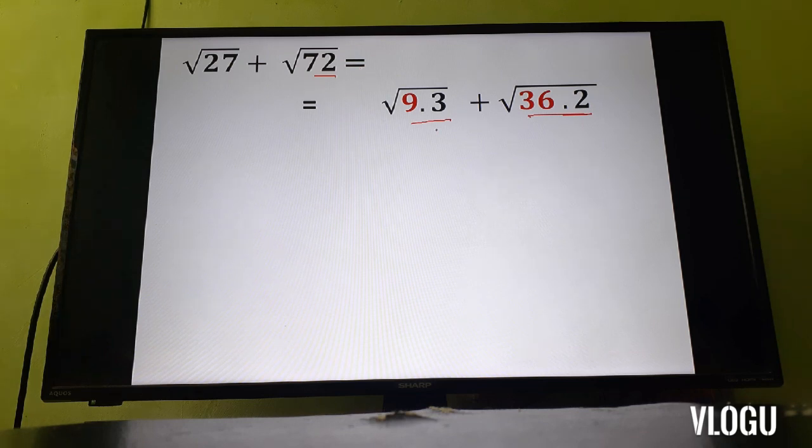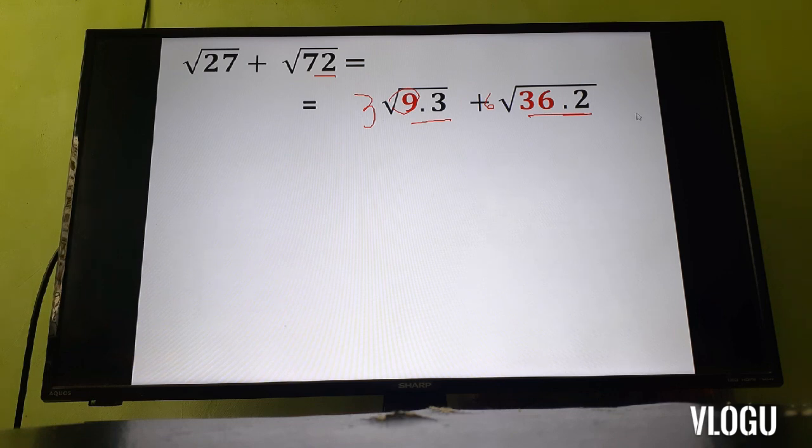So that is equivalent to 72. Ang next step po natin is to find the square root of 9. Ibig sabihin nun, ang kanyang square root ng 9 ay 3. Ang square root po ng 36 is equals to 6. Yung maiiwan natin sa loob is the square root of 3 plus the square root of 2.